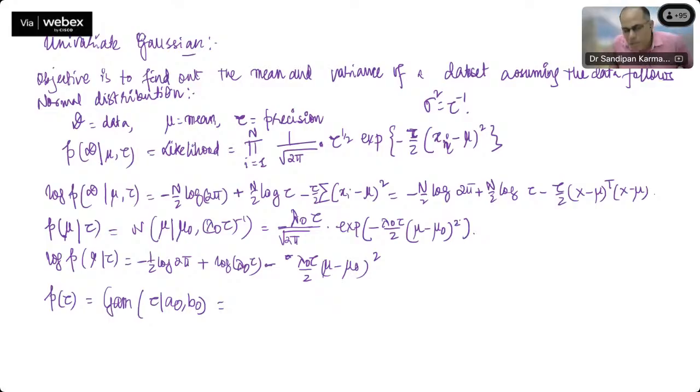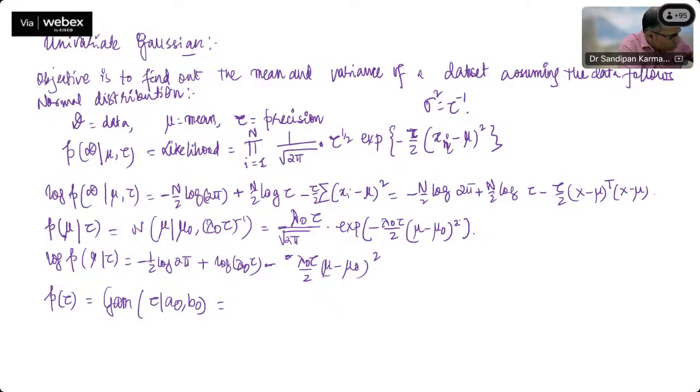It was b naught to the power a naught minus 1, divided by the gamma function of a naught, and then multiplied by exponential of minus b naught by x, it was. Let me cross-check whether I am correct or not.